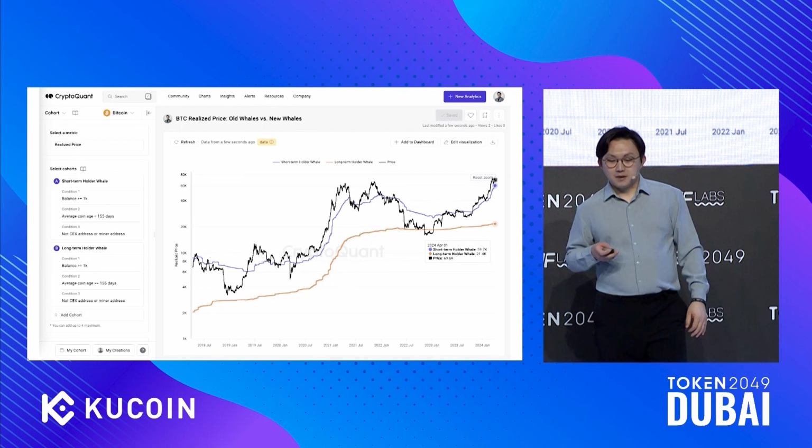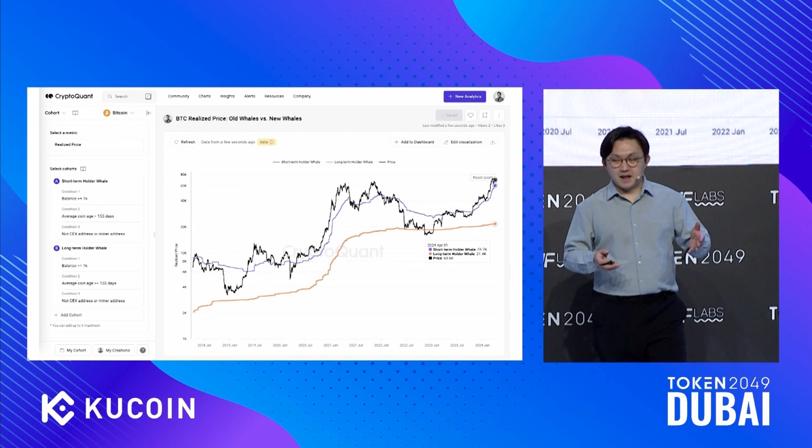For example, this is a realized price comparison, old whales versus new whales. Their cost basis is around 21K for old whales, and for short-term whales, which are ETFs and traditional finance using custodial wallets, it's around 60K.